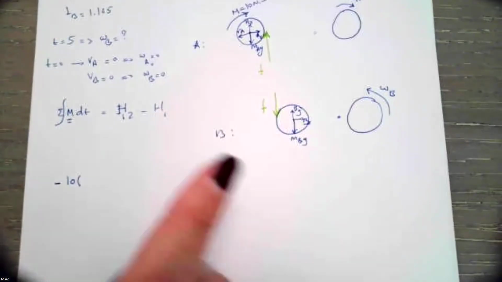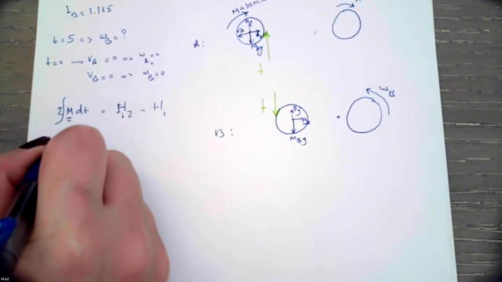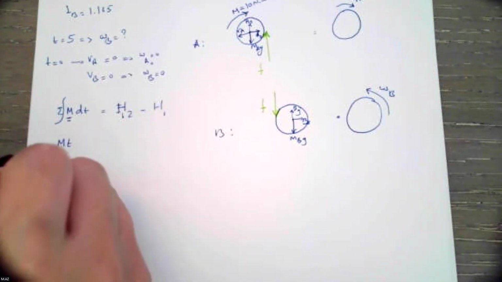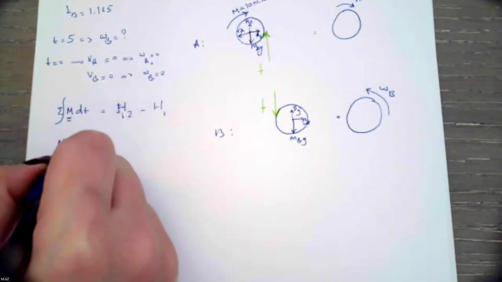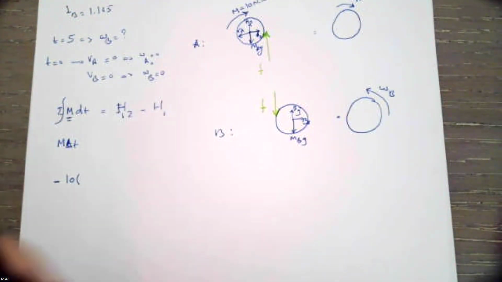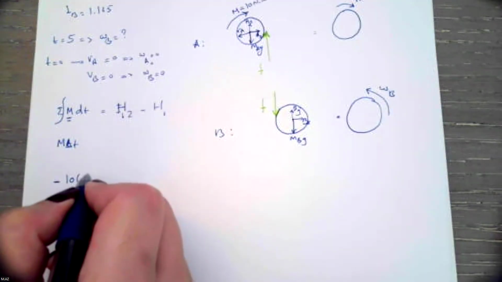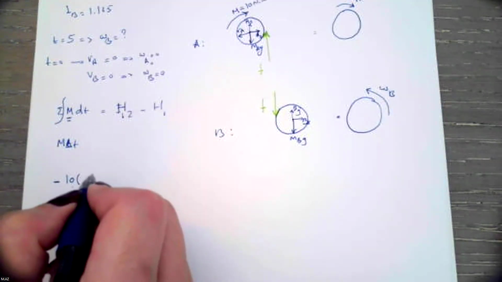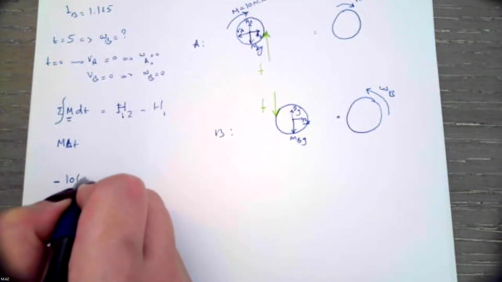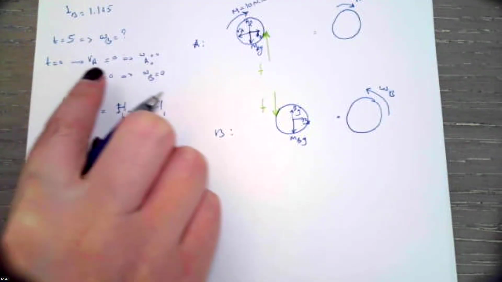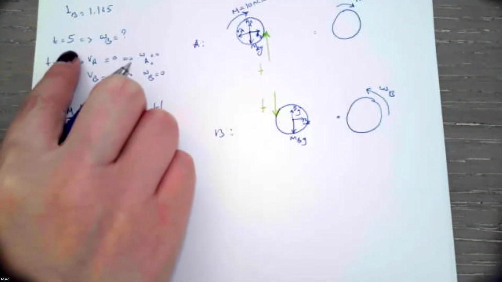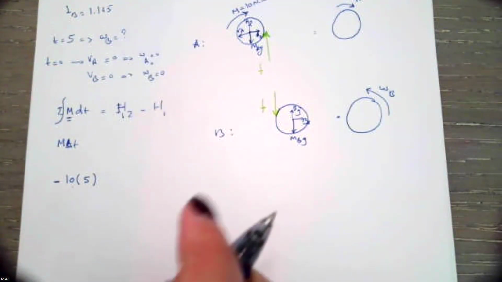For this reason, we can write M delta t instead of the integral, sorry. Now we have this moment times t. The t for this problem is 5 seconds because we should find the omega at time 5 seconds.